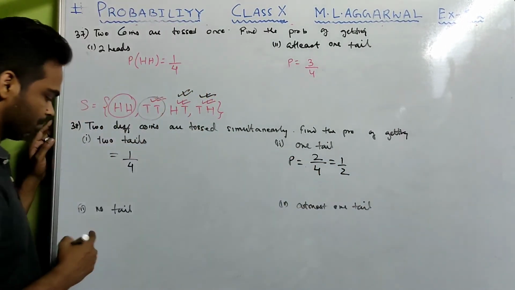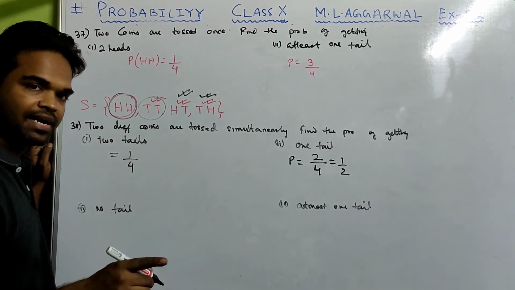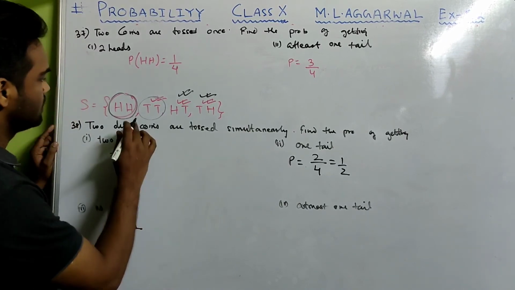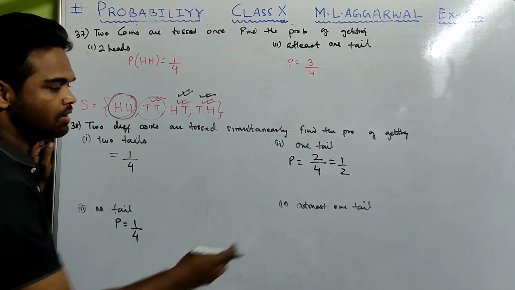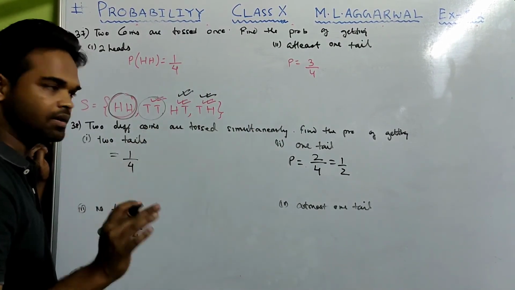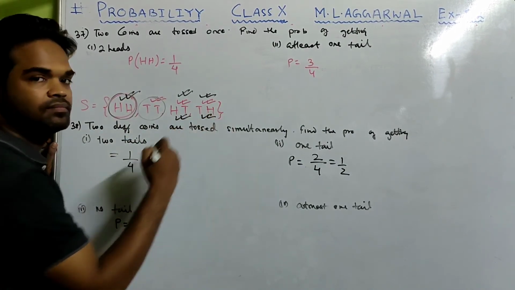Am I clear? No tail, which means in both it should be head head, which is 1 by 4. The last one, at most 1 tail, which means maximum 1 tail. So this qualifies, this one and this one.